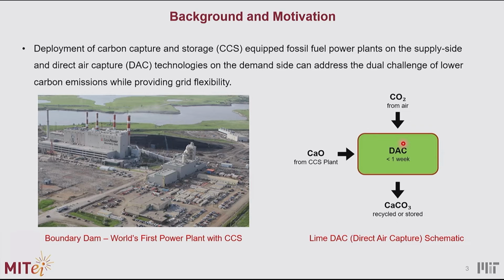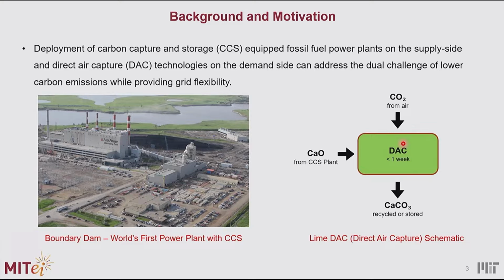From that comes a background and motivation for our project. With the increasing penetration of variable renewable energy resources on the grid, this would require more flexible CCS technologies that should be integrated on the grid to allow for the flexible operation of the grid. So here we propose a concept that combines a CCS plant with direct air capture so that we can address the dual challenge of lower carbon emissions while providing grid flexibility.